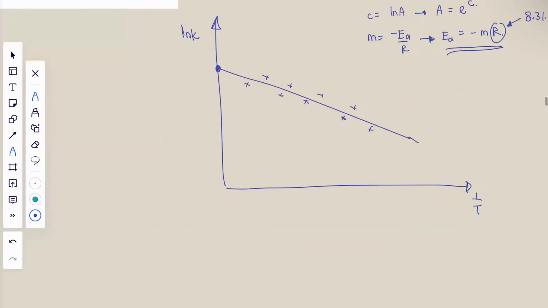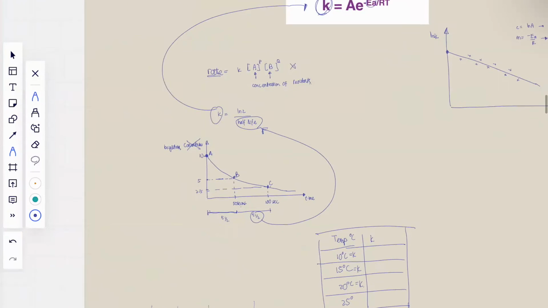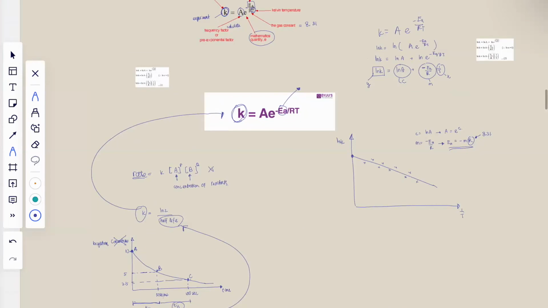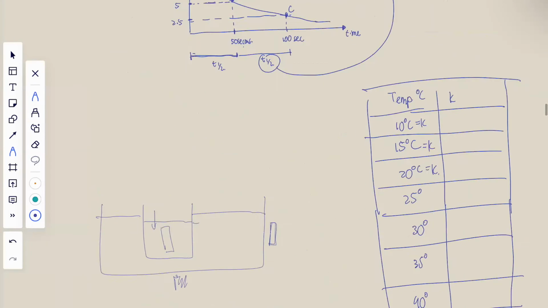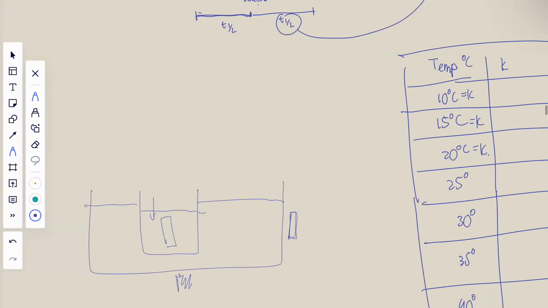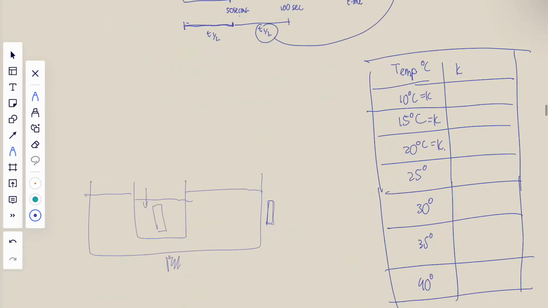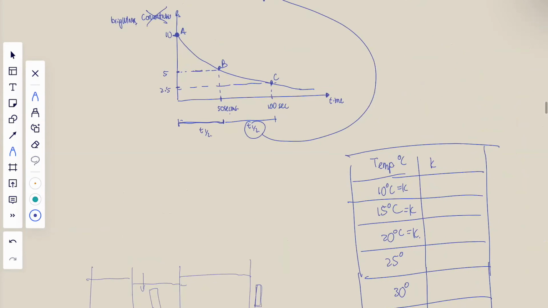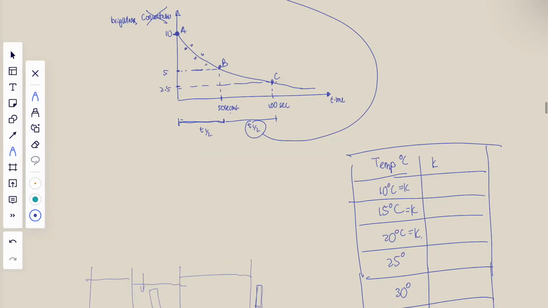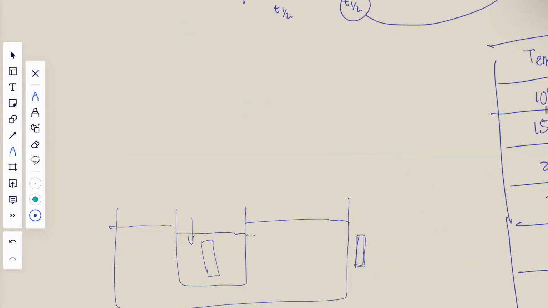So I recap here. You do the experiment using this water bath. Then when you do this experiment, your job is to find these points here, the data here, so that later you can sketch the graph.